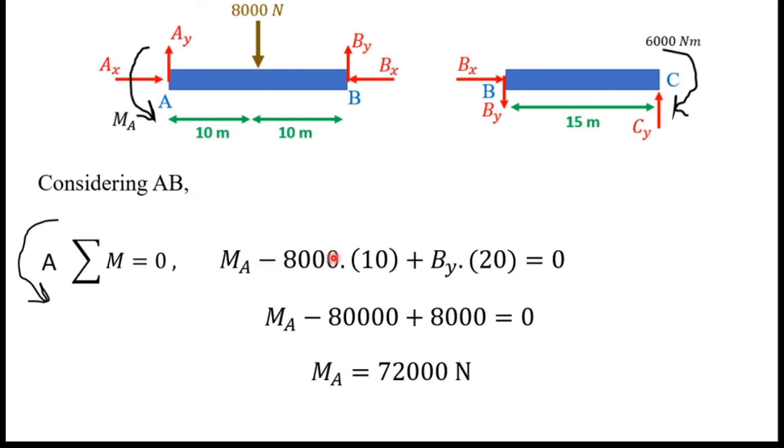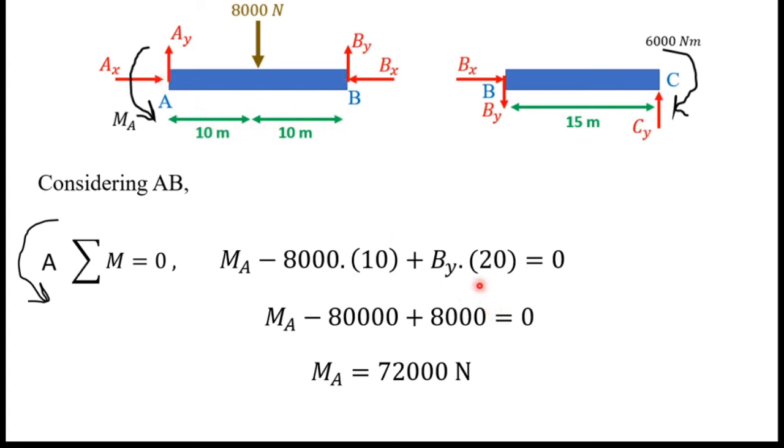The distance between the 8000 force and point A is 10 meters, so I wrote 10 here, and plus BY. The moment due to the BY force is counterclockwise, therefore I put a plus sign, and the distance between BY and point A is 20 meters.